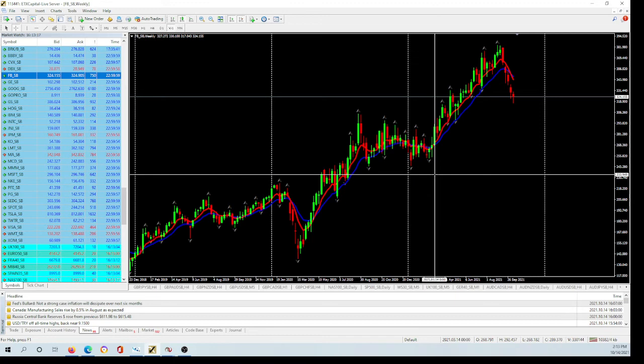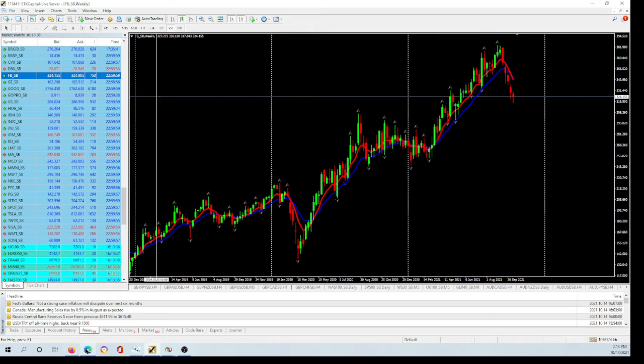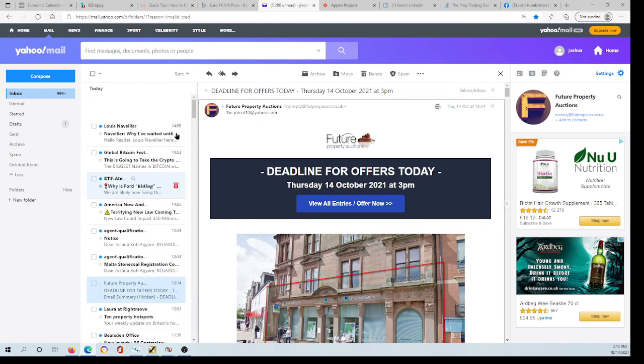And yes, I violated the TPT maximum lot size rule.